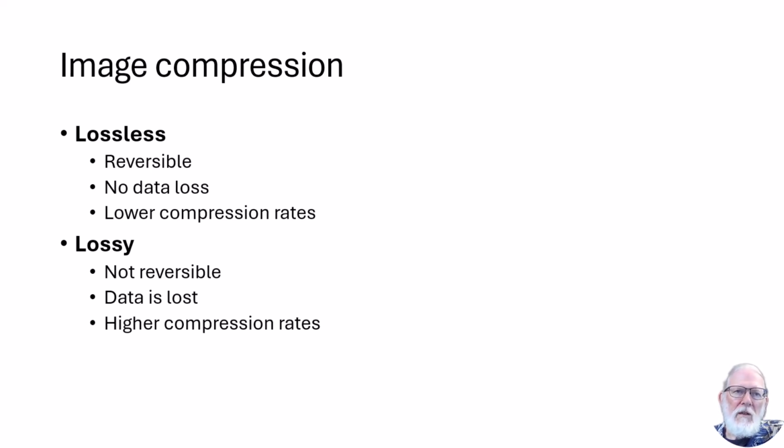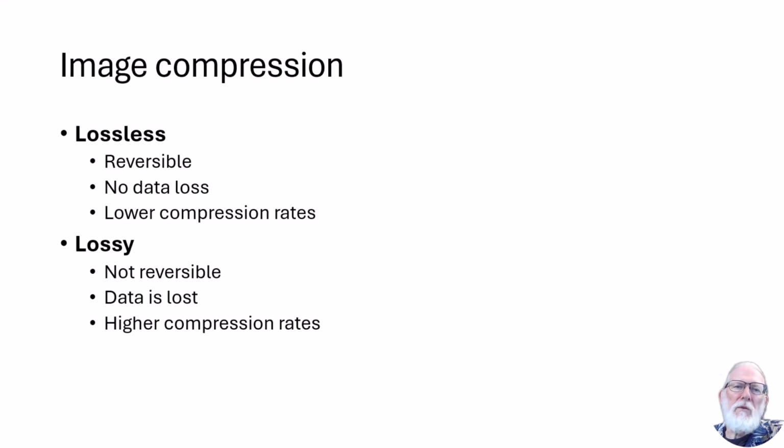Looking at the lossy, it's sort of just the reverse. Lossy compression algorithms are not reversible. We can take a file and compress it, and if we uncompress it, we will get an approximation, but not exactly the same file back. How much compression has been applied to it will determine how close that approximation is. It may be close enough that we don't notice it, or it may be drastically different.